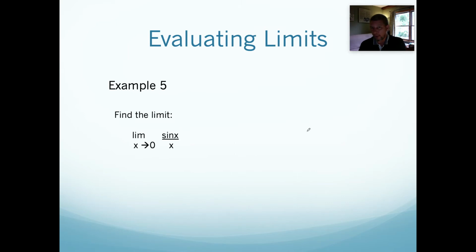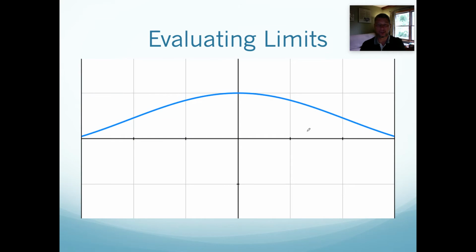So what do we do instead? Well, let's turn to our graphs, all right? The easiest thing to do in this case is to go to your TI-84 and plug in the function sine of x over x and see what the value of y is when the value of x is 0, all right? It's kind of like just direct substitution, but no algebra, no arithmetic involved, just kind of looking at the picture.